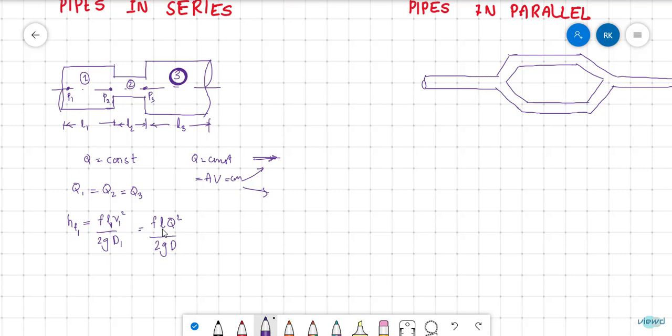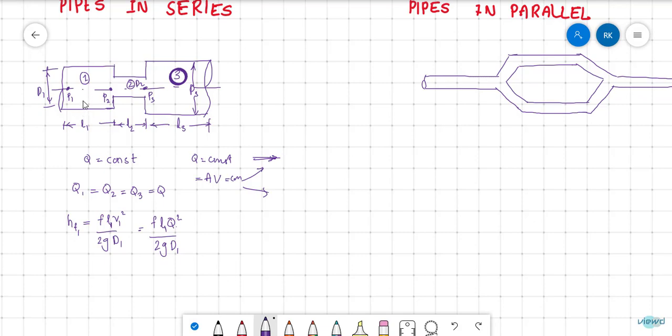In this case, this is L1, and Q1, Q2, Q3 are all equal, so I am writing it as Q. So FL1 Q squared by 2G D1, where D1 is the diameter of pipe 1. Similarly, this is D2 and this is D3. So that is HF1.